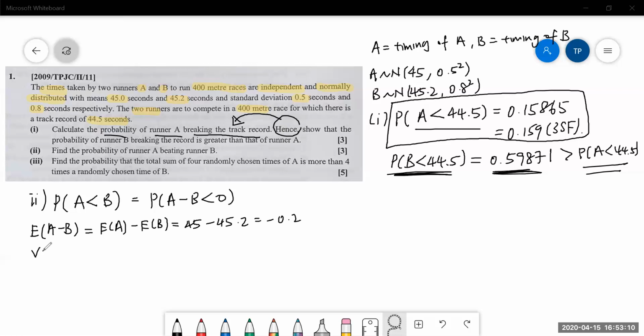Now the variance of A minus B equals 0.5 squared plus. Take note, I made a mistake here: it is plus, because when you take the minus sign out from minus B, it is minus 1 squared, which gives positive 1. So you have variance of A plus variance of B, which equals 0.5 squared plus 0.8 squared. Okay, come, do some math for me.